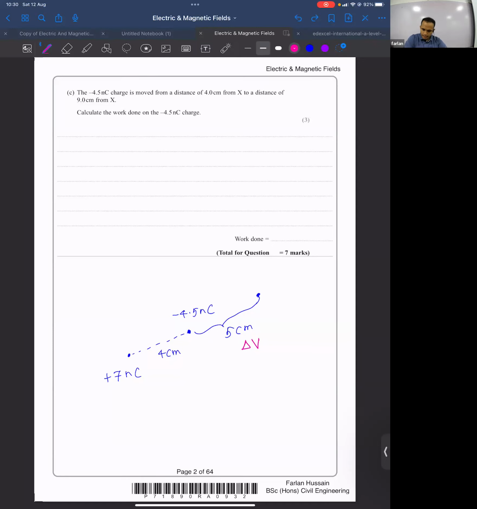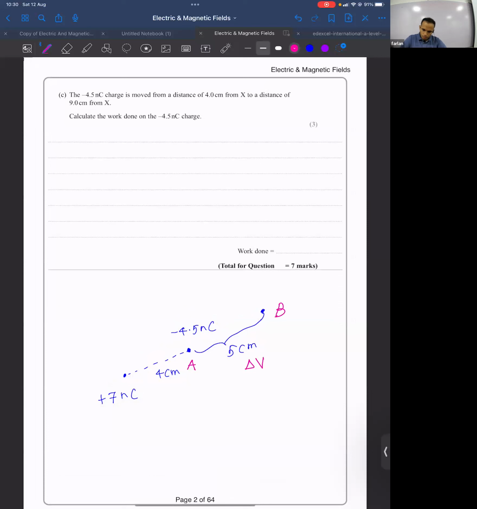So guys, I'll take this point to be A, this point to be B. The potential at A will be 1 over 4 pi epsilon naught times 7 into 10 to the power minus 9 over the distance, which is 0.04.